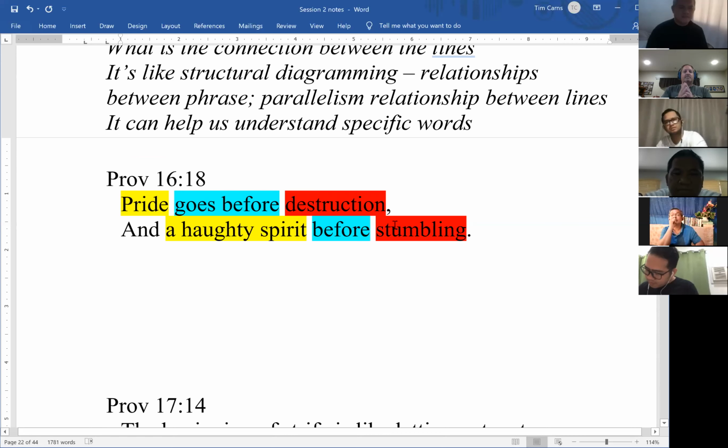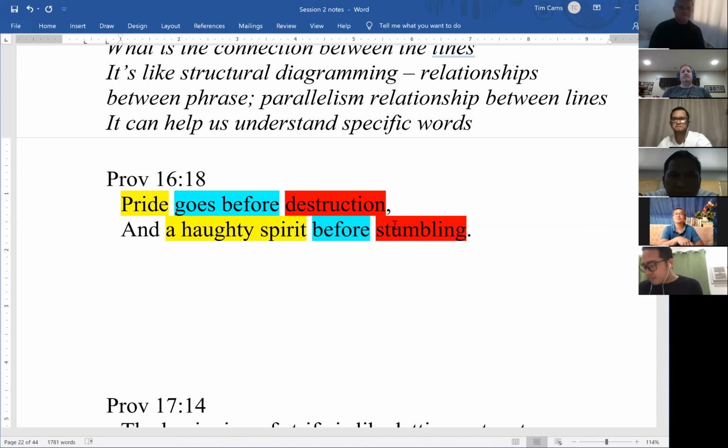Solomon here, writing this proverb, makes a direct connection between those two. They're synonymous in some way. They're connected in some way. And so by having those two words together, if we did a word study, we could look for how do these words overlap, and that can help us understand the point he's trying to make. Because we know there's parallelism being used here, and so we know that these two words have a connection.